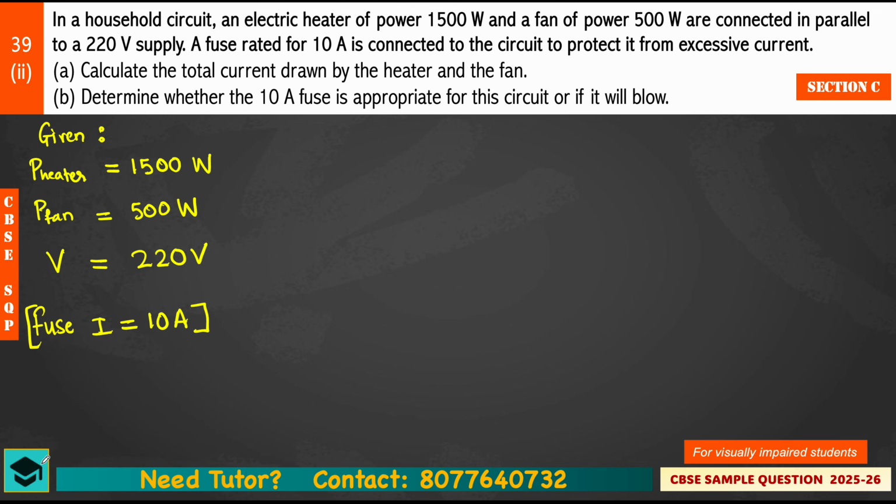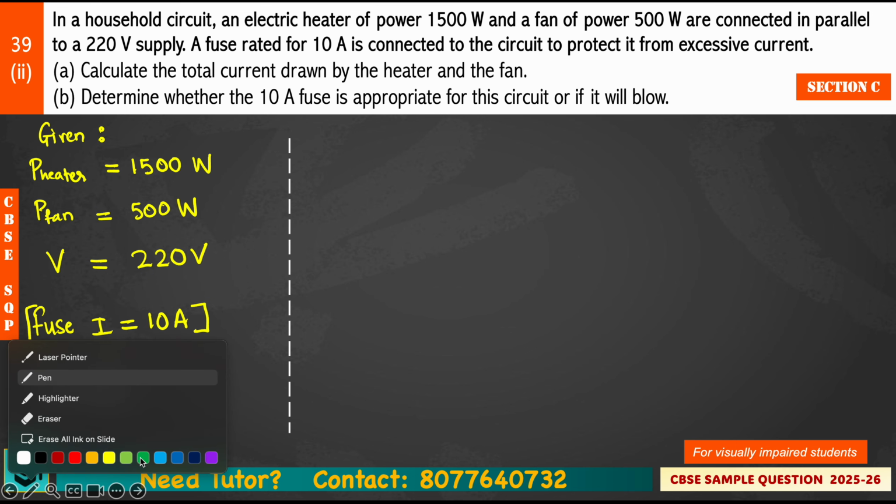Now, which formula you're going to use is the important concern. As per the condition, we have power, we have voltage, and what is asked is current. So it is very obvious that we will go with the formula power is equal to VI. We can arrange the term in terms of current.